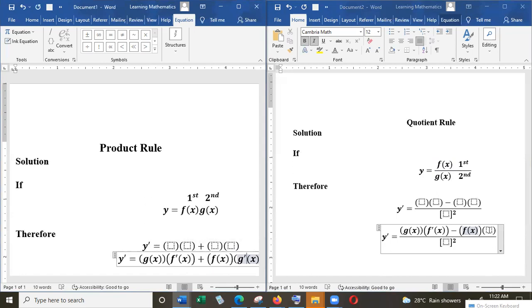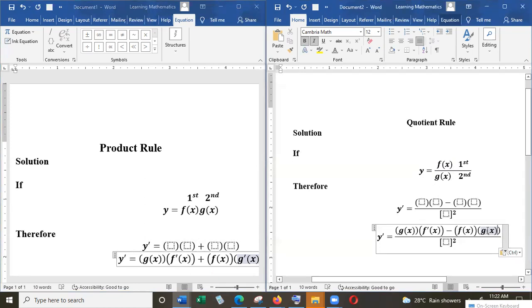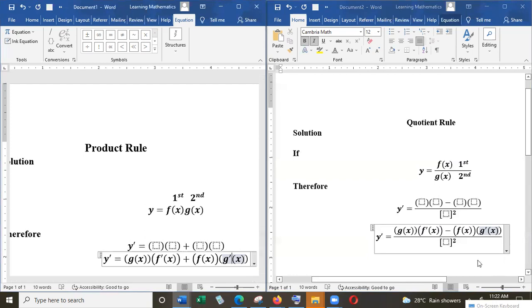For the quotient rule, the second function is the denominator function, so now you differentiate the denominator function. For the product rule, you have applied the product rule. So that's it for the product rule. But for the quotient rule, you have one more thing to do. You have to square the denominator function.